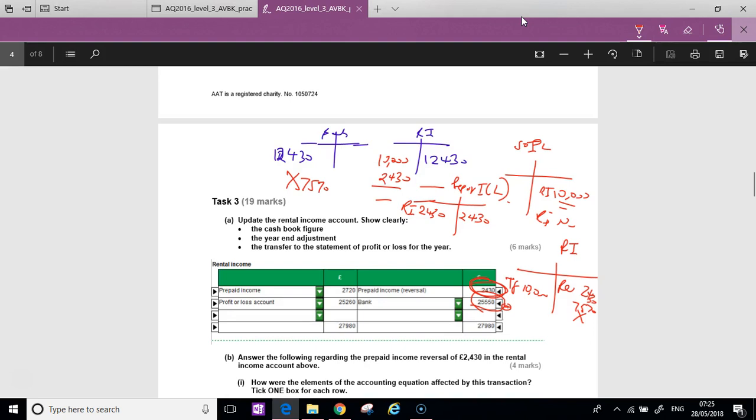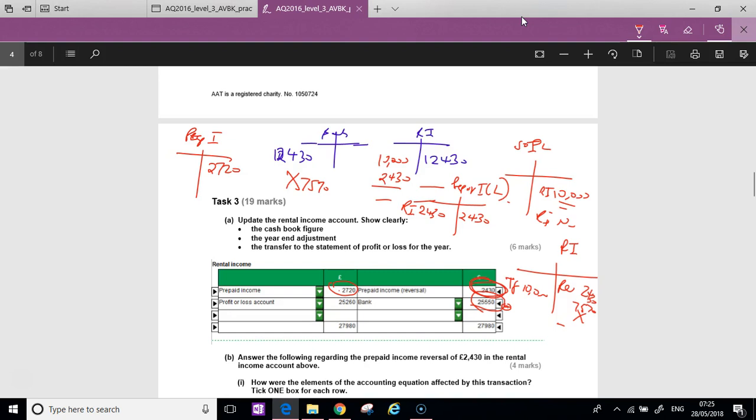So again, we need to debit this rental income account and credit this prepaid income account again. The double entry here is 2,720 in your rental income account, and credit your prepaid income account again 2,720.